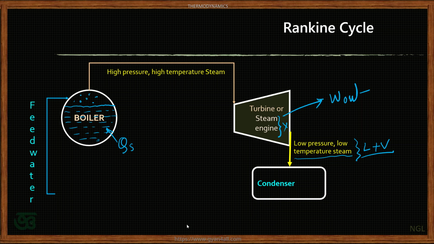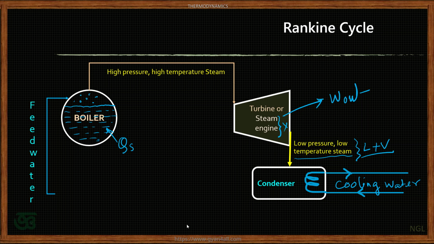A condenser is a device which converts the vapor phase of the working fluid to the liquid phase, or steam to water. So there must be a cooling arrangement in which a cooling fluid like cooling water is passed through a coil, and the heat is extracted from the steam and the cooling water becomes hot.